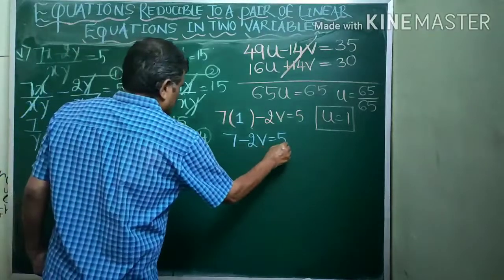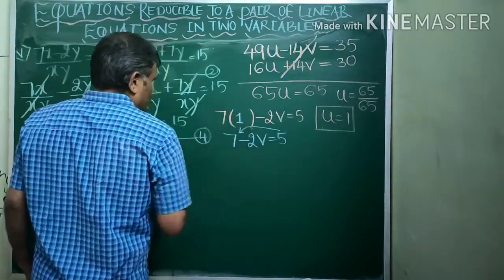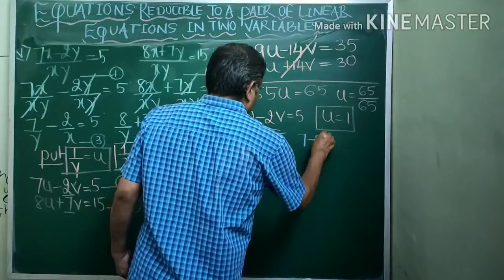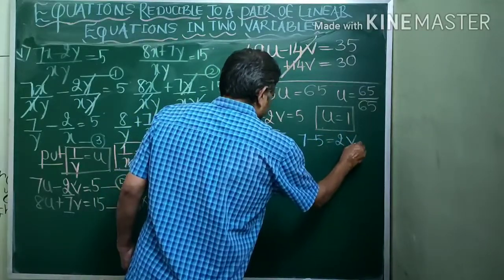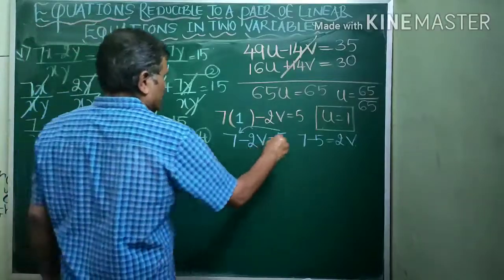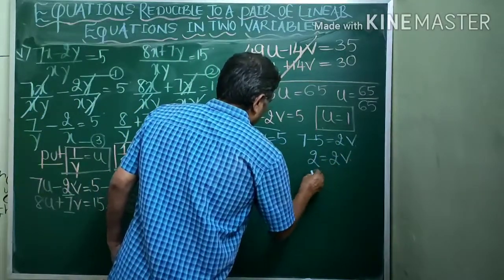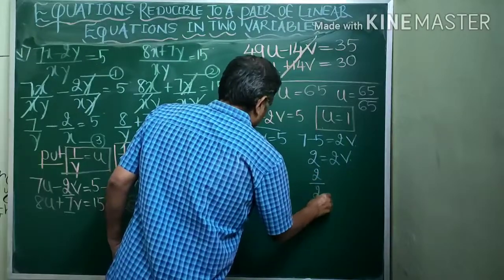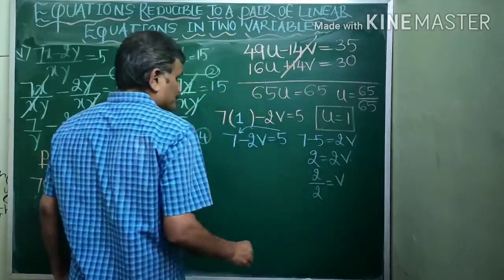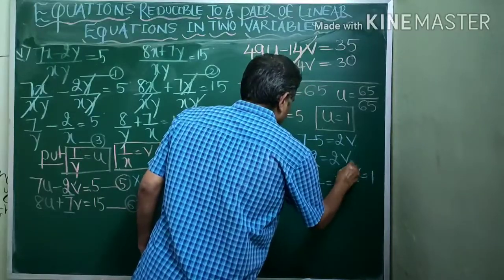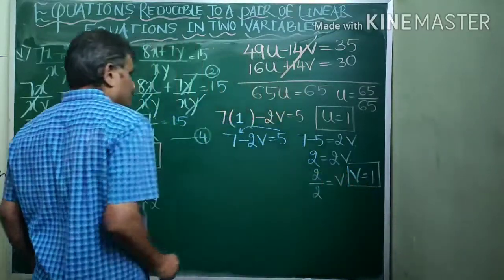If I transpose this 5 towards the left side, then it becomes 7 minus 5 is equal to 2v. That means 7 minus 5 is 2, so 2 is equal to 2v. So 2 divided by 2 is equal to v. So v is equal to 1.